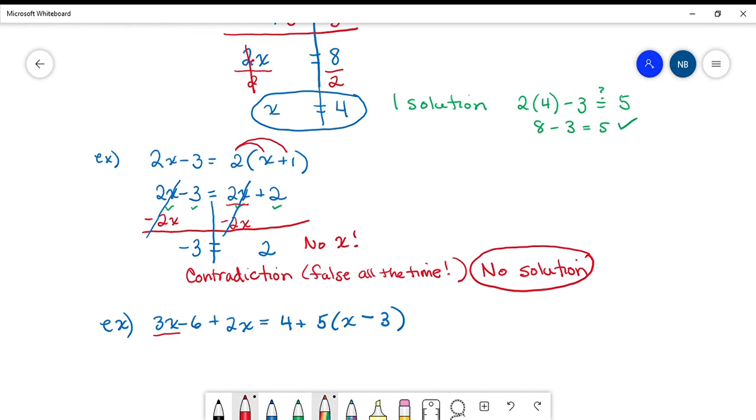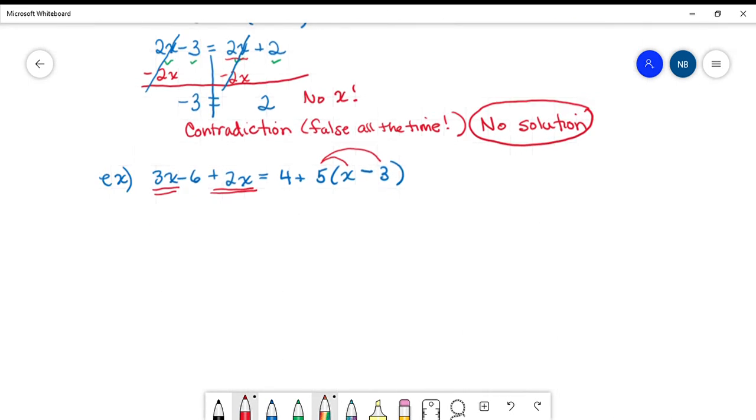On the left side, we have like terms, 3x plus 2x. On the right side, we have parentheses. So the first thing we're going to do is simplify our sides. 3x plus 2x is 5x. Recopy the minus 6. Recopy the equals, recopy the 4, and then distribute the 5.